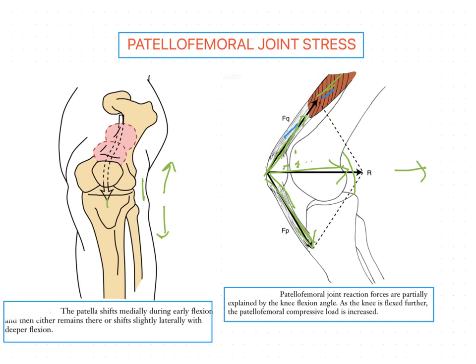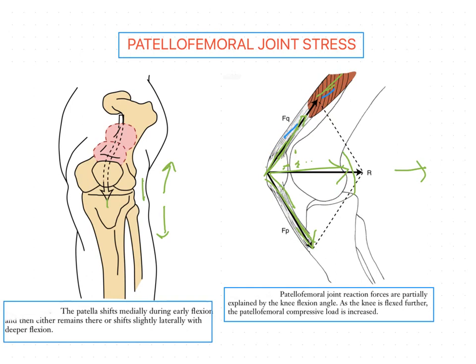Although reaction forces at other lower extremity joints may reach these same magnitudes, they do so over much more congruent joints, that is, the compressive forces are distributed over large areas. If you see the normal patellofemoral joint, the medial facet bears the majority of the compressive force. So why?